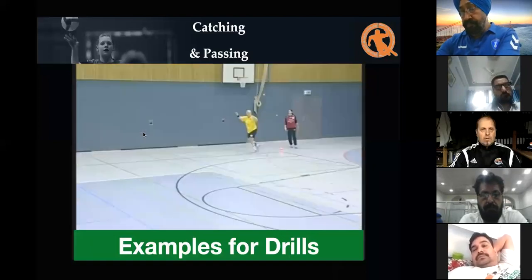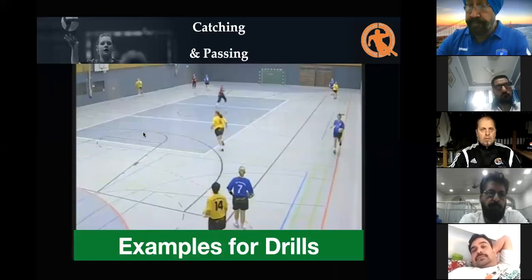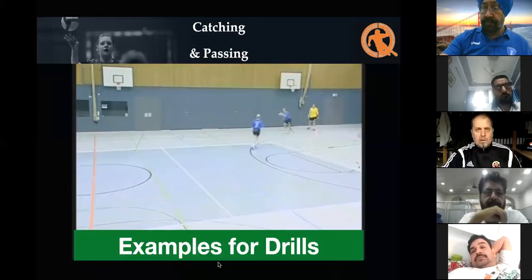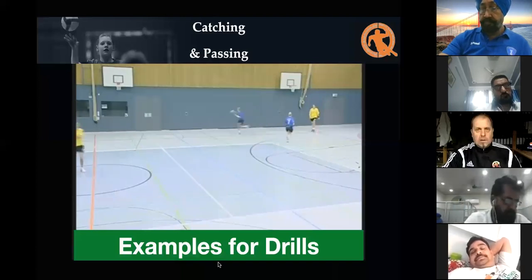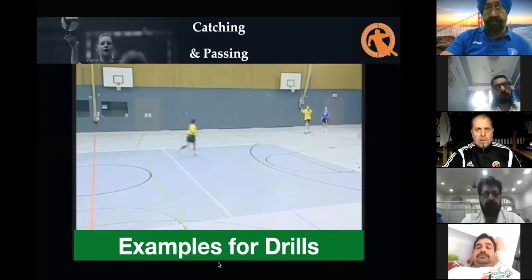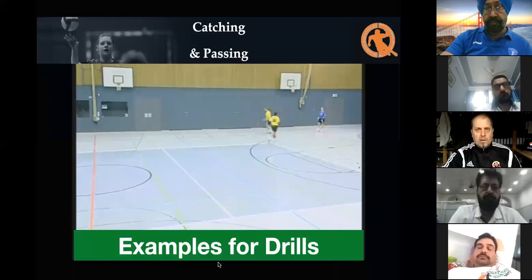And you can see a basic variation here, receiving and passing to the next, and the same from the other side. So then the players outside along the sideline return, and this is a continuous way of organizing the drills, which is very easy for the players to adapt to.